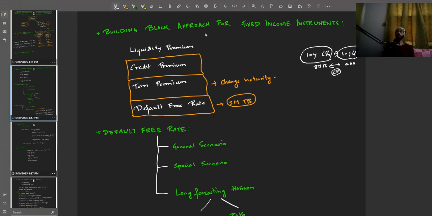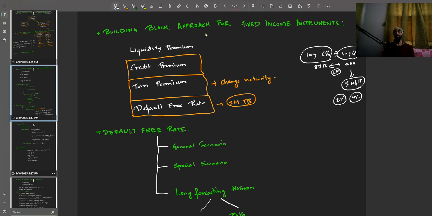Now if you have to break down the 10-year government bond rate into term premium and default free rate, obviously you compare this 10-year government bond with a 3-month government bond, right? Because we considered here that the default free rate is for the 3-month bond. So the 3-month government bond, let's say, has a rate of 2%, and the 10-year government bond, let's say, has a rate of 4%.